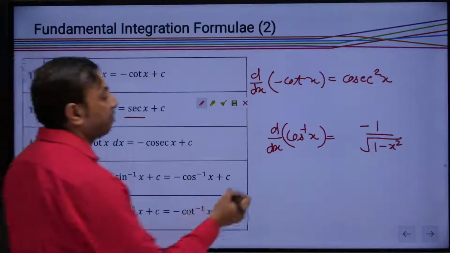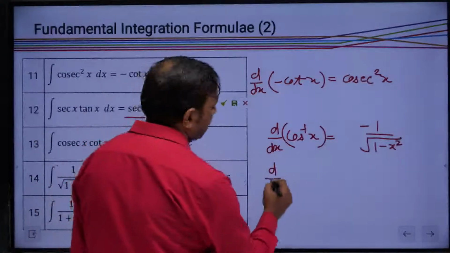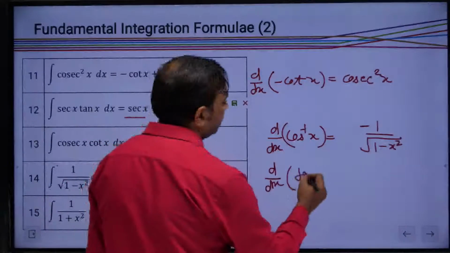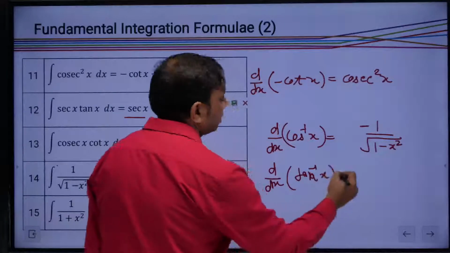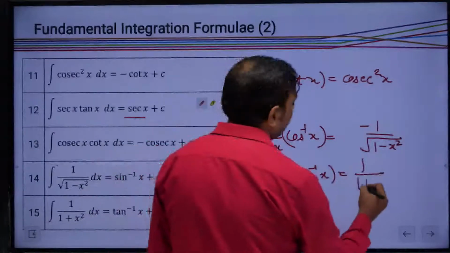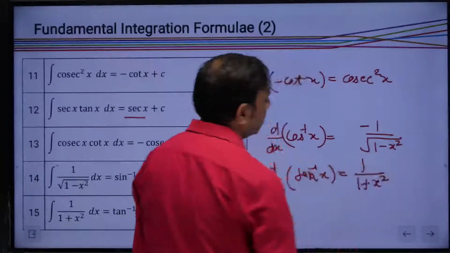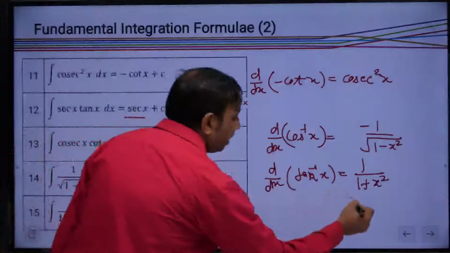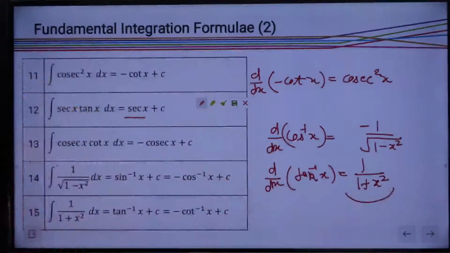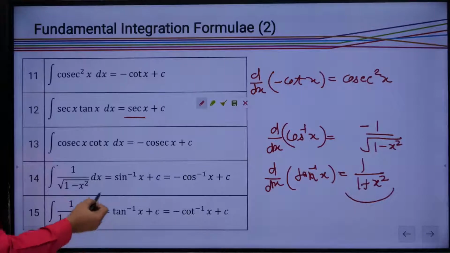Another formula for the inverse trigonometric functions: the derivative of tan inverse x was 1 upon 1 plus x square. So when we integrate 1 upon 1 plus x square, we get tan inverse back.